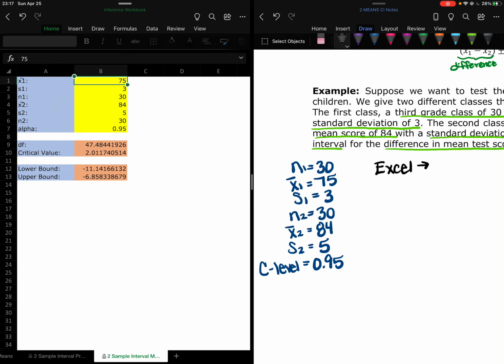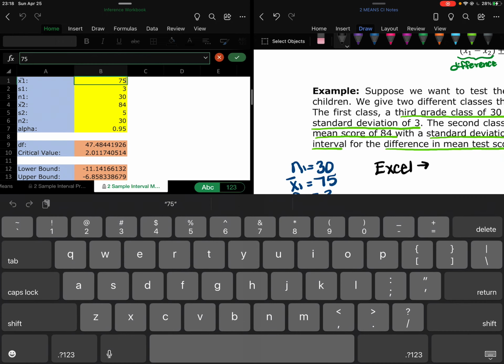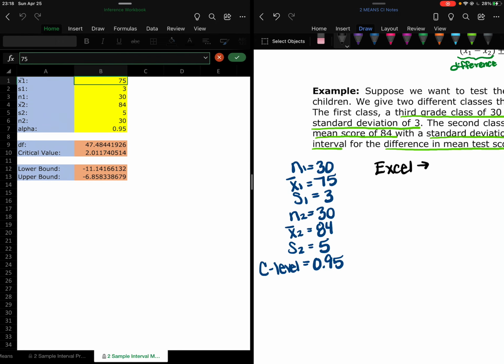So X bar 1 is 75, S1 is 3, N1 is 30. X bar 2 is 84, S2 is 5, N2 is 30. That should not say alpha, that should say C level. I apologize, I cannot fix that right now, but that should say C level.